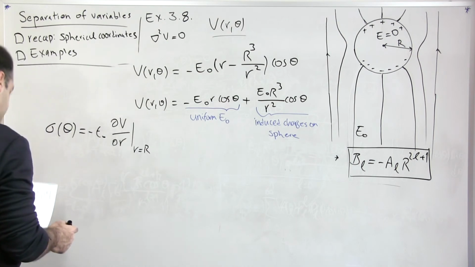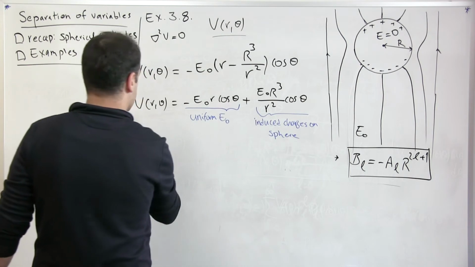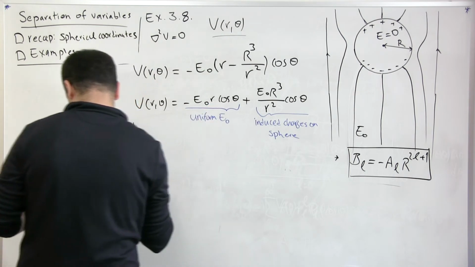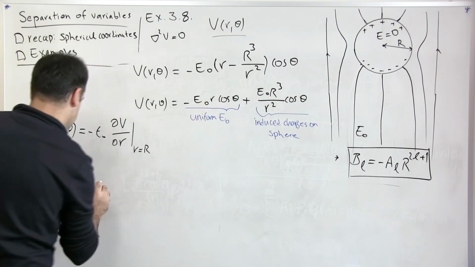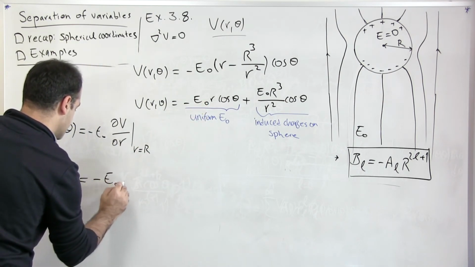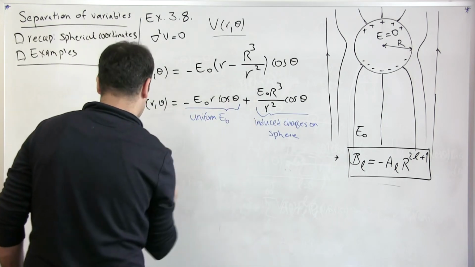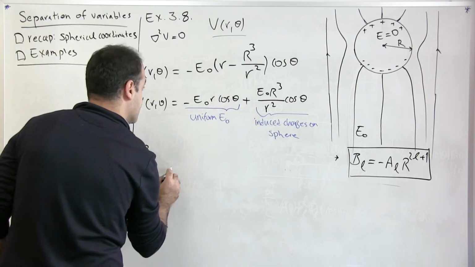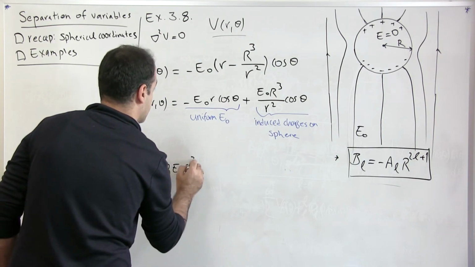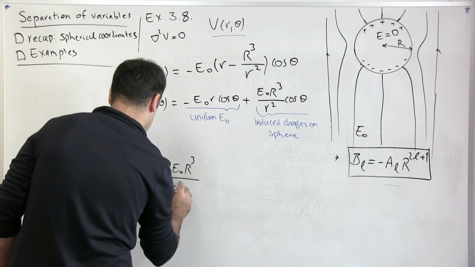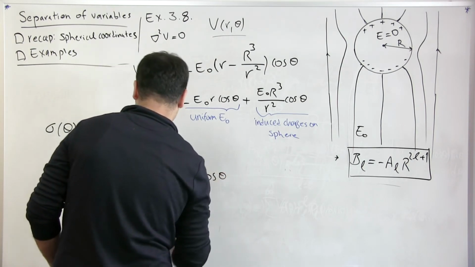Okay. So the derivative is only with respect to r. So the terms we're going to get: from the first term we get negative E0 cosine theta. From the second term we're going to get negative 2 E0 R^3 over r^3 cosine theta.